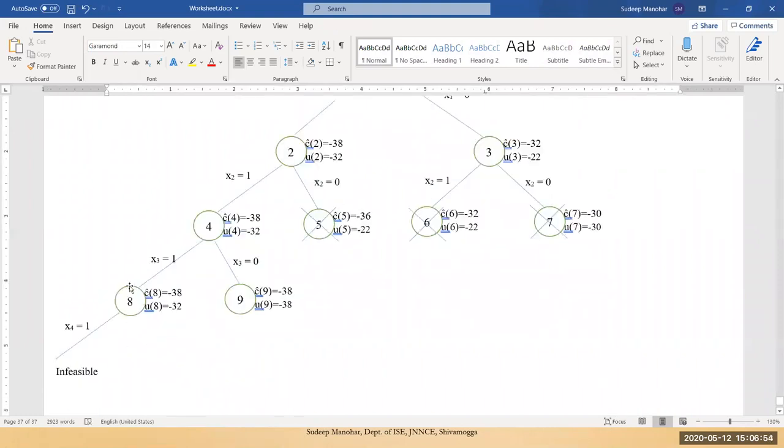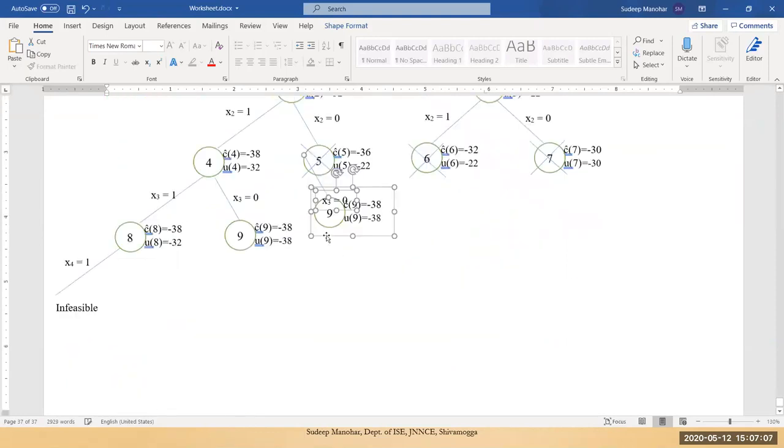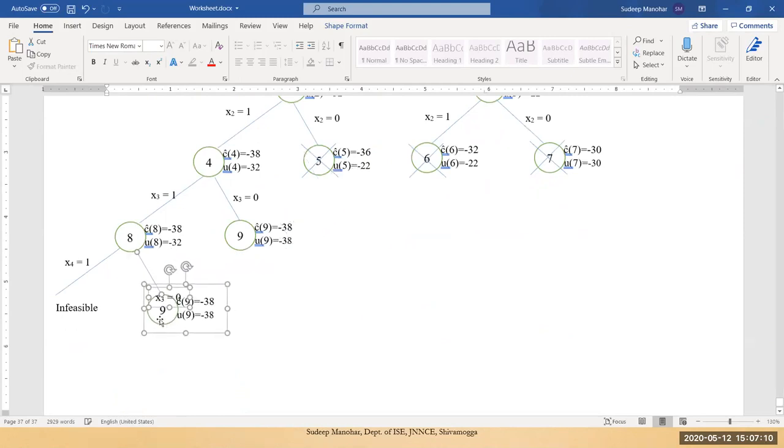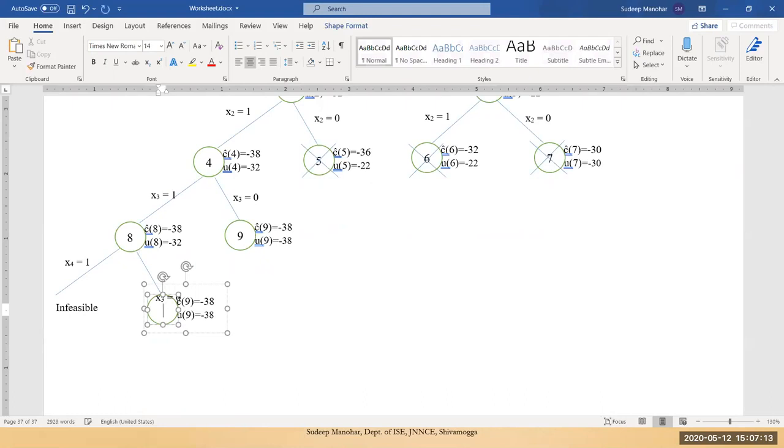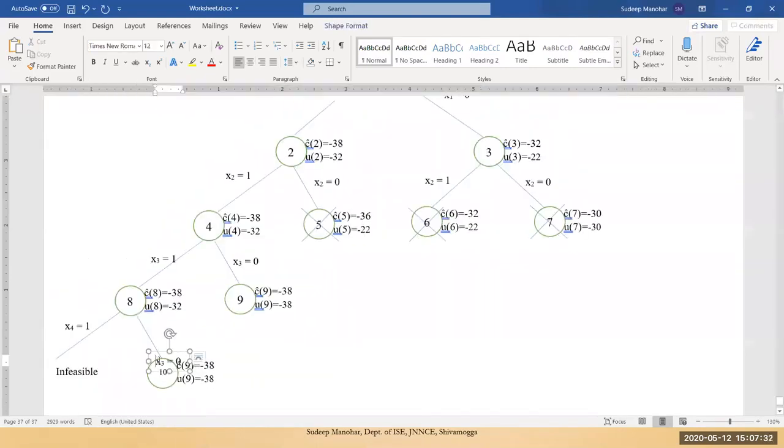What about the right one? Yes, you can write a note for this. This is node number 10. x4 is 0 means what?